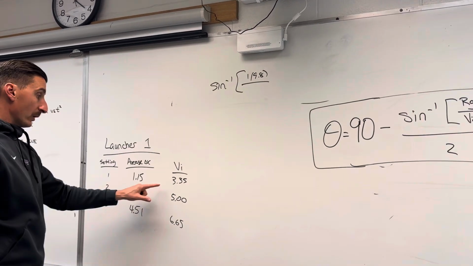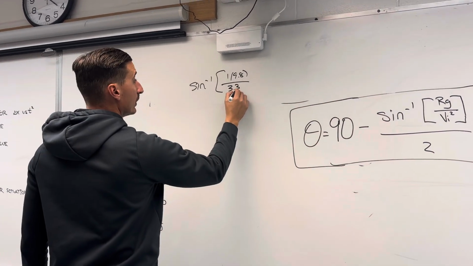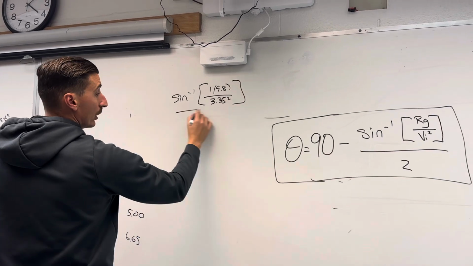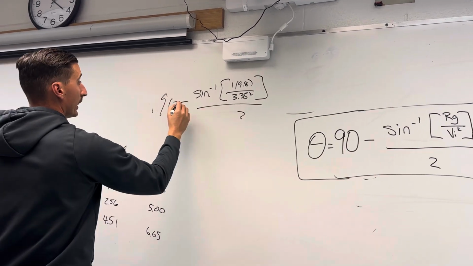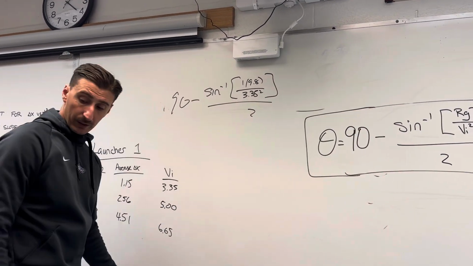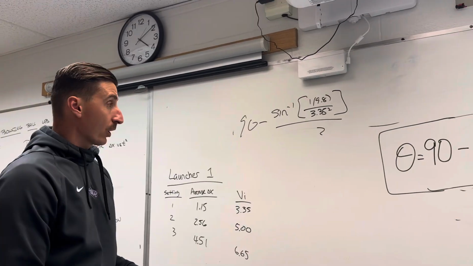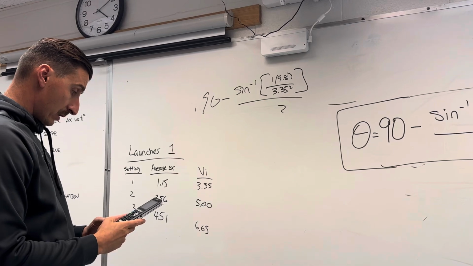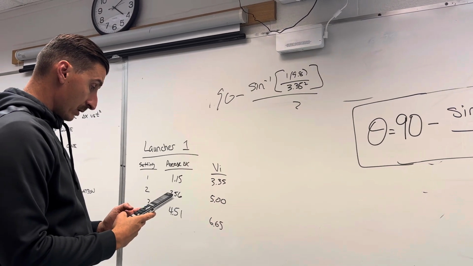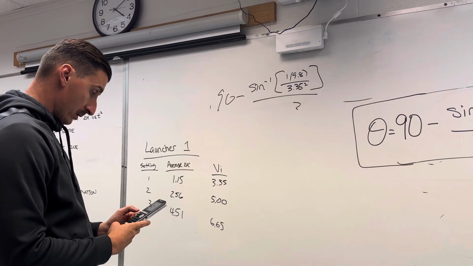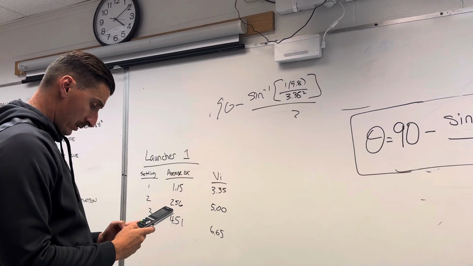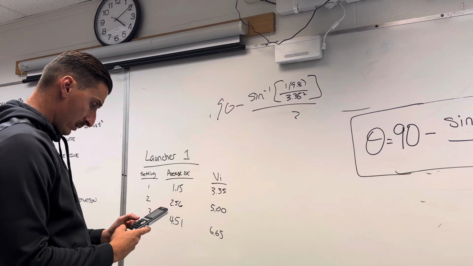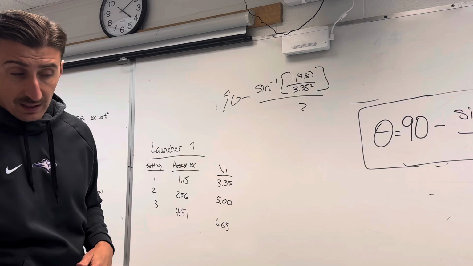Velocity, I'm going to use setting 1, 3.35 squared over 2, 90 minus. So I'm going to do that in my calculator. You should probably already be done. I'm just going really slow so you can see the steps. I got 59.6.